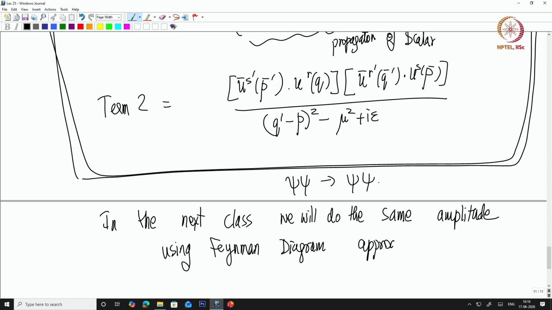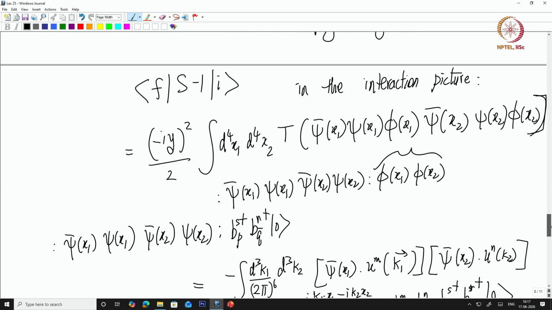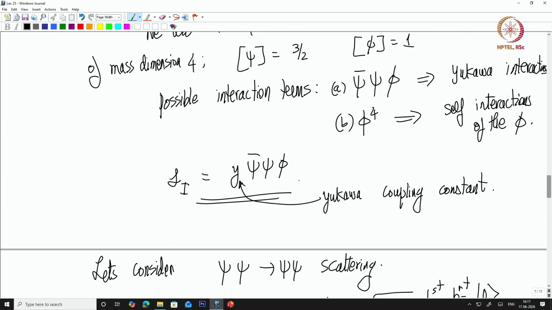So the summary of this lecture is that the interaction picture goes exactly in the same way as earlier, and as in the scalar field theory. And we saw that the kinds of interaction terms we can write down are constrained by Lorentz invariance and the dimension of the interaction term, because it depends on which dimension you are in, for example 4 dimensions.